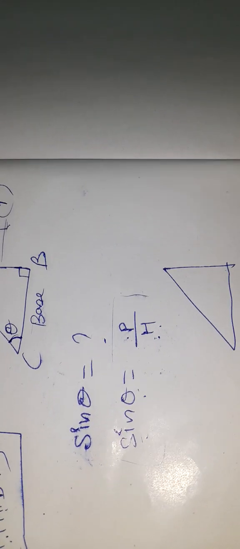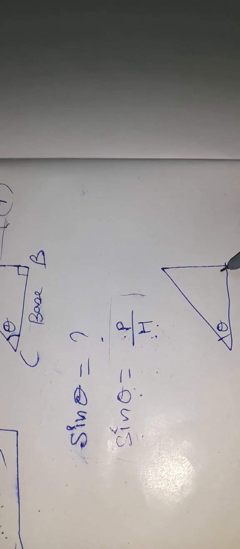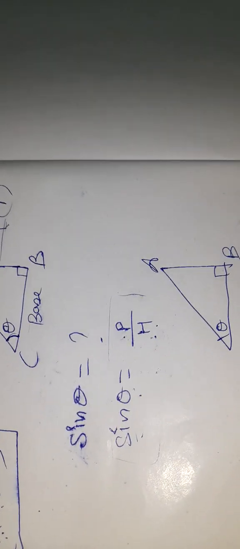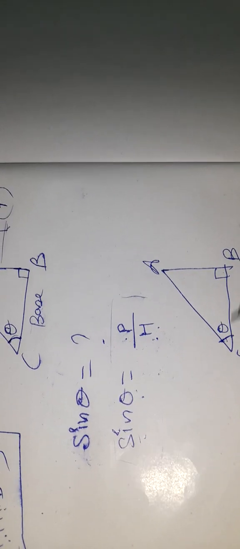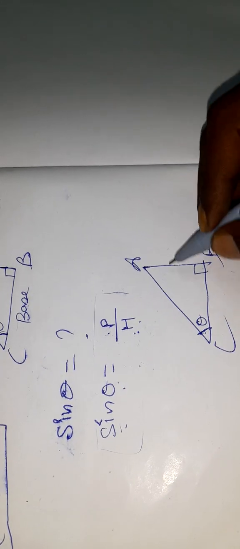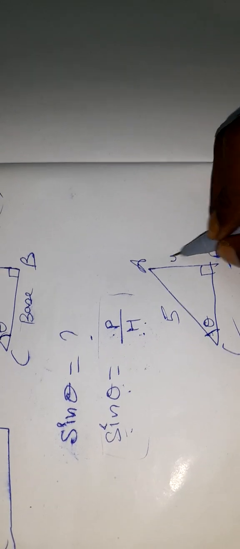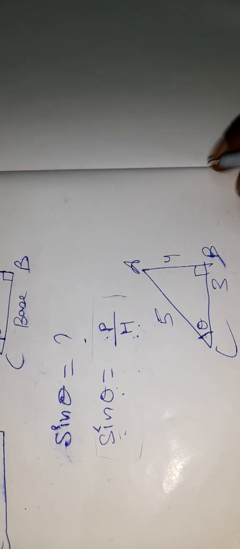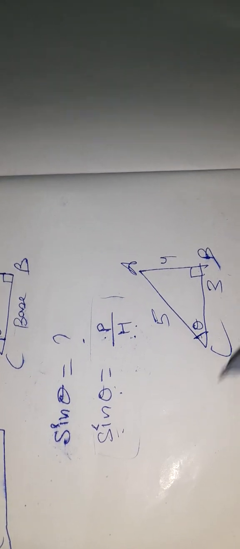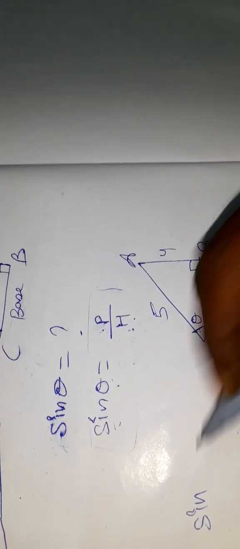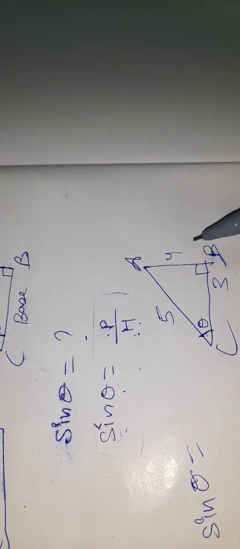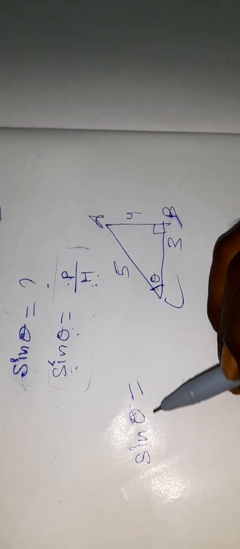So what are the bases? That's this triangle, the angle theta, 90 degrees, ABC. Suppose this side is 5, this is 4, this is 3, it is given there, and he is asking what is sin theta.